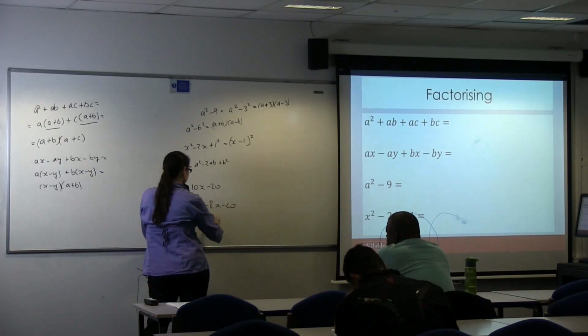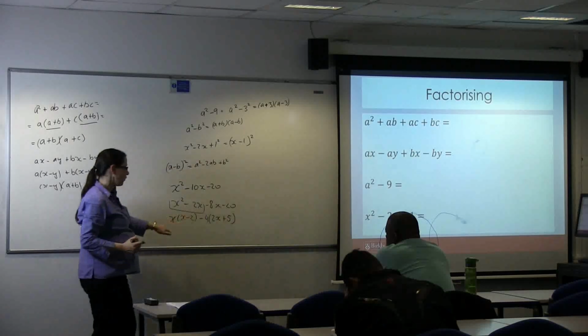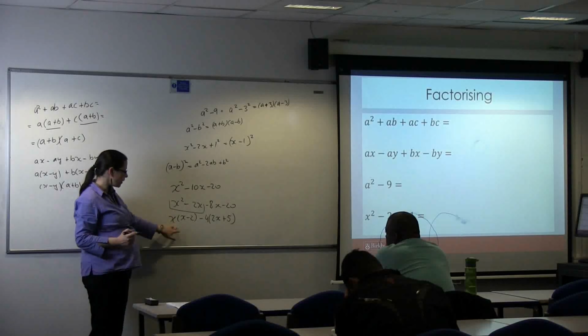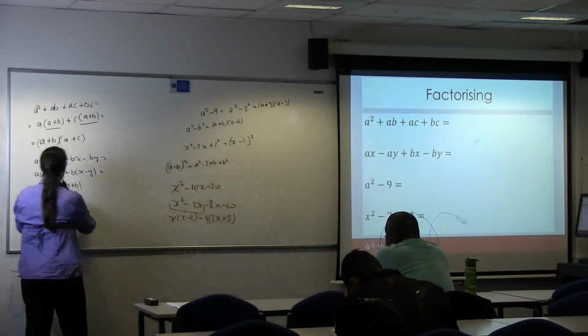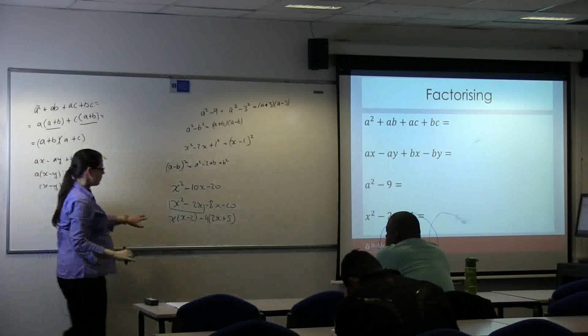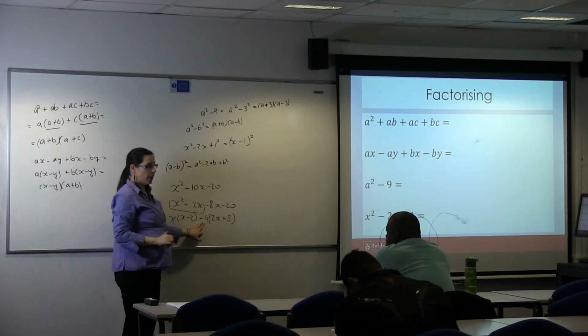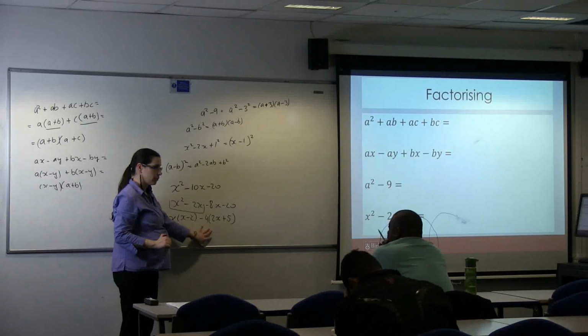So I can bring out the 4, and then you get the 2x plus the 5. So in that way, I could factor it out, but it's not the same factoring as it would be this, because in these cases, we all were able to break them out into 2 brackets. But these ones is the difference of 2 brackets. Okay. So that's slightly different.